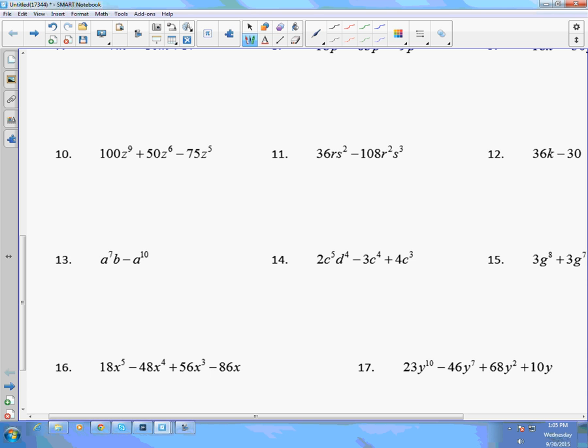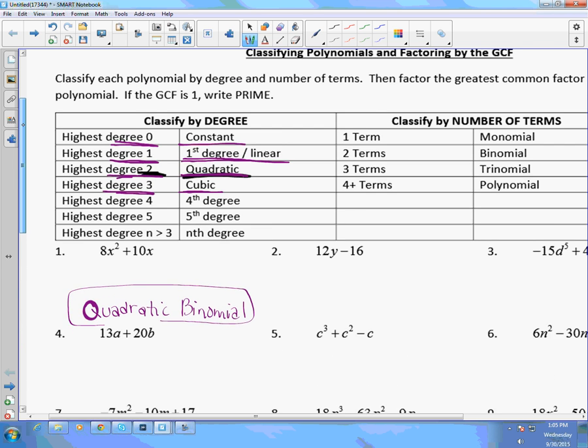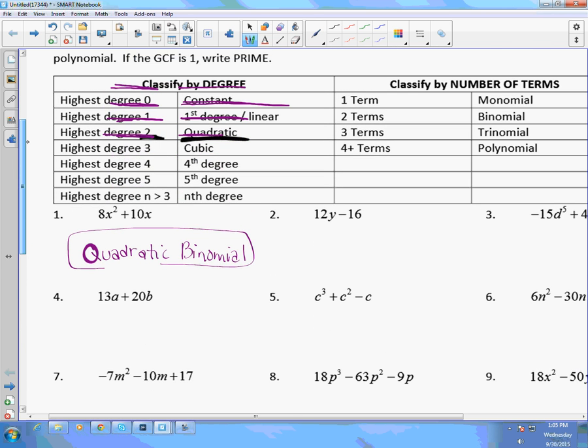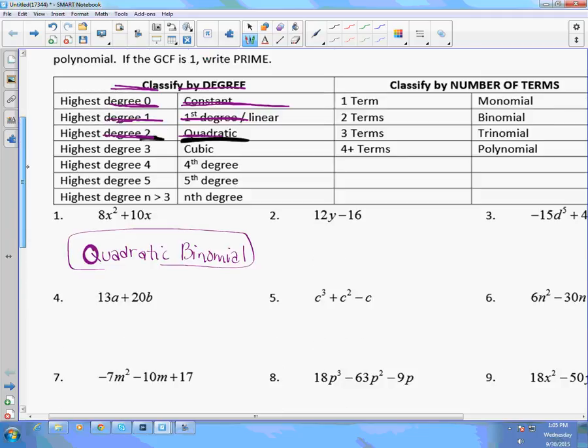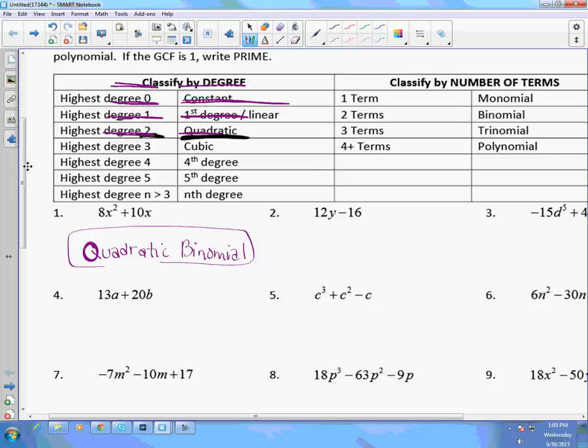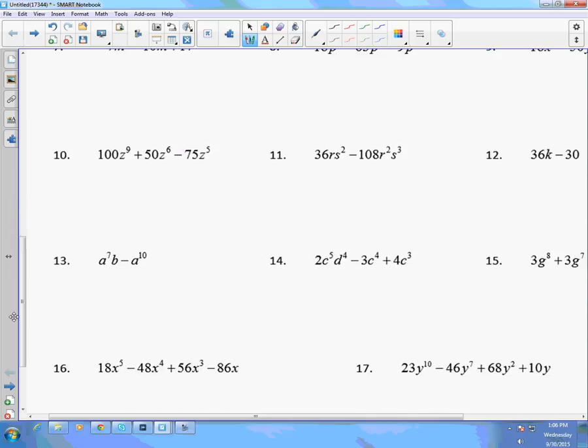Do you have a name for a 9? No, so it's called 9th degree. And then how many terms are there? 3. So mono, bi, tri, and poly. So we call that a 9th degree trinomial.